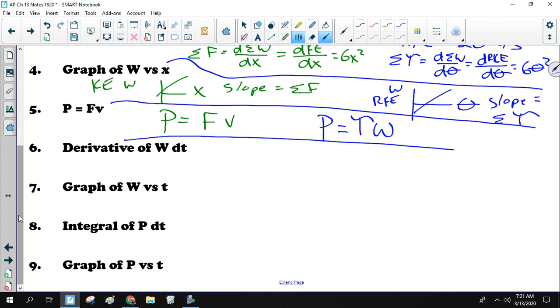Derivative of work with respect to time, dt. So we learned that power is the rate at which work is being done. That doesn't change at all, right? Power is the rate at which work is being done. For linear motion, work is usually thought of as your change in kinetic energy, right?